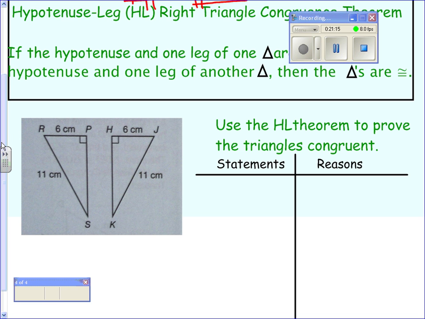Triangle PSR and triangle HJK are right triangles. And what would be the reason? Okay. Any questions so far? What would be the next statement? HJ and RP are 6 centimeters. What would be the reason? Given. What would be the third step?